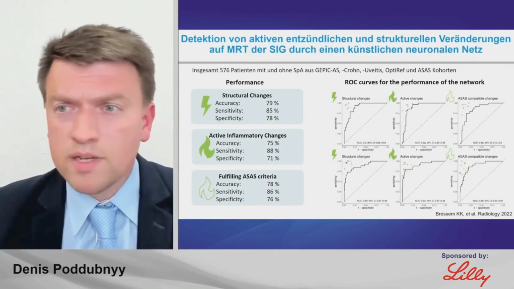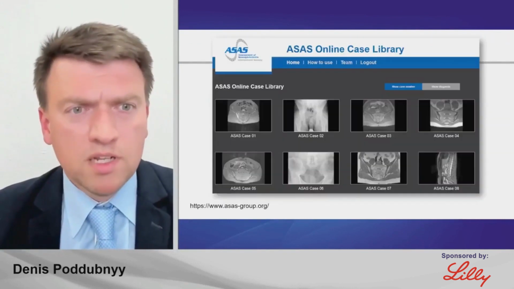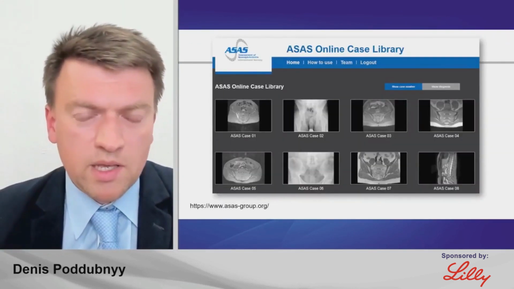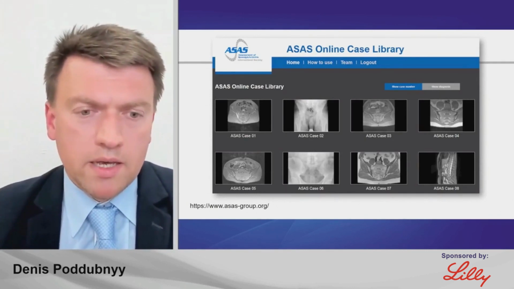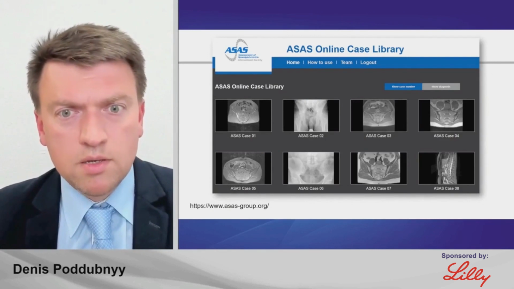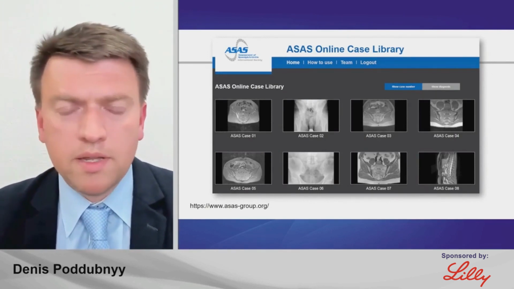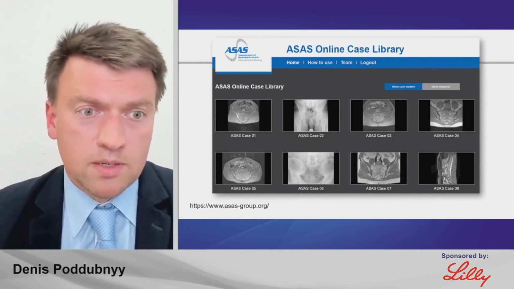So this is work in progress, and I do believe that human intelligence is even more important than artificial intelligence, and that is why we're doing many educational efforts to improve that differentiation between inflammatory and all other problems in the spine.